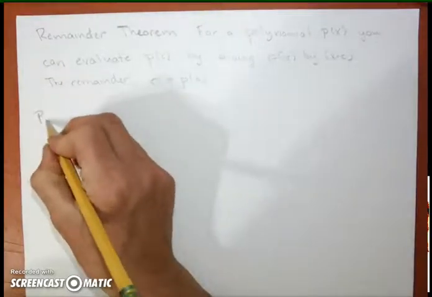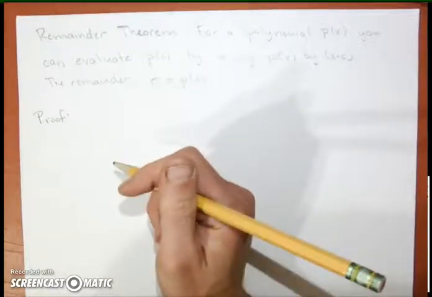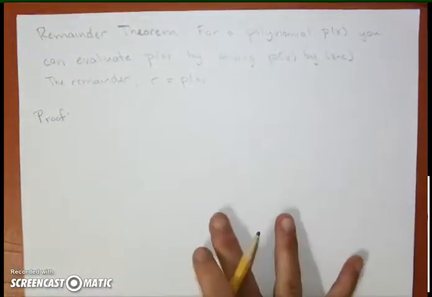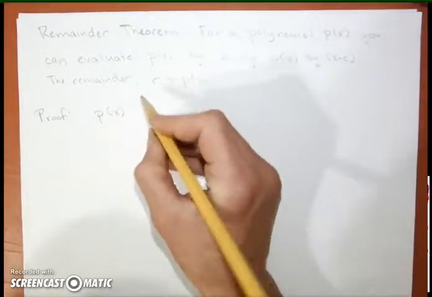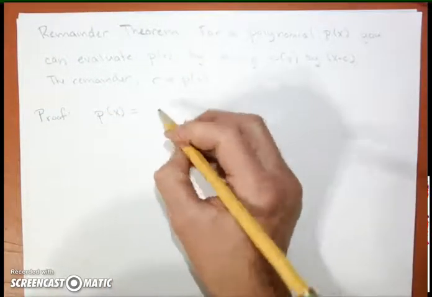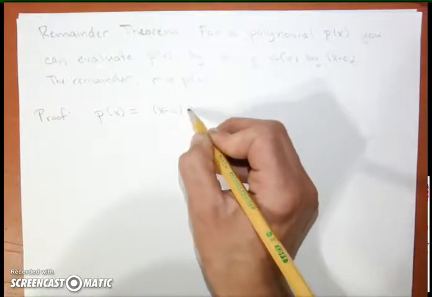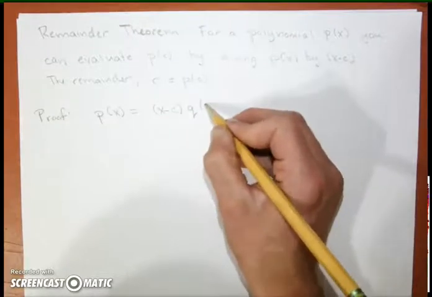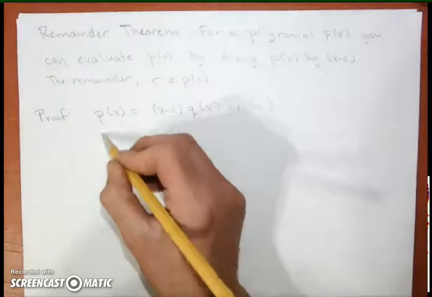So for a proof of this, I'm not going to give it to you, but I'll give you extra credit if you do it yourself. But the idea is that you want to use the division algorithm to write p of x as x minus c times whatever you get for your quotient plus a remainder, and then plug in c.